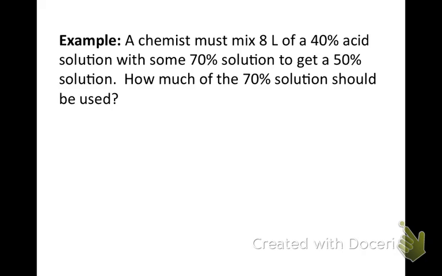I want to mix in a 70% solution in order to get this to become a 50% solution. Does everybody envision what's happening? So how much of this 70% needs to go into this 40% to up the percent of acid to 50%?